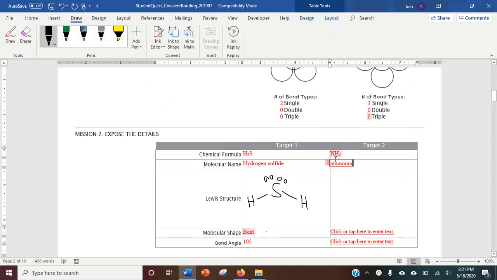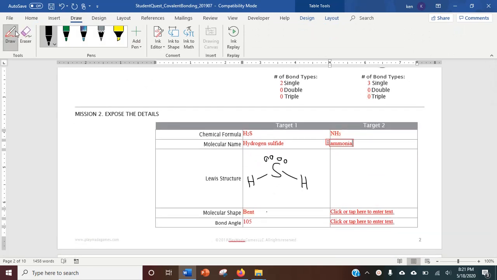Now we draw. Click pen, and we can start drawing now. N, H, 3, ammonia. Click this to stop drawing.